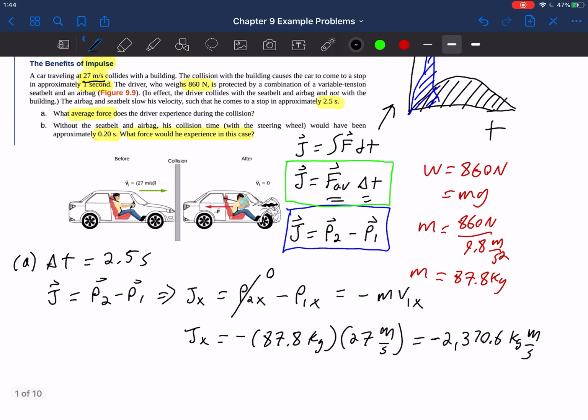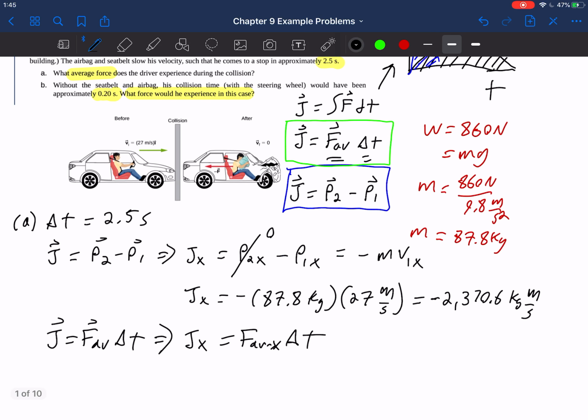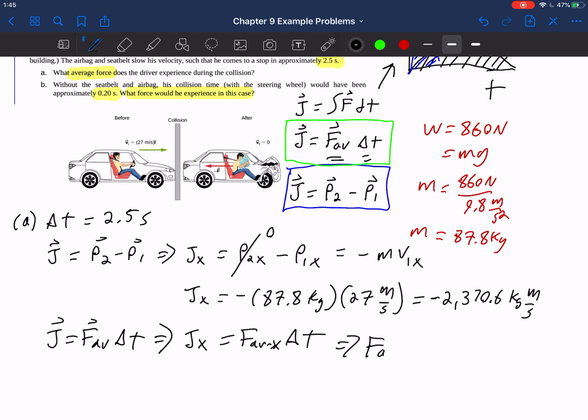Okay, now that we've used the blue equation to figure out our impulse, we can use the green equation to calculate the average force. If we use this equation, and again just go to the x component of our impulse, we can find the average force in the x direction. So the average force in the x direction is just equal to the impulse in the x direction divided by the amount of time in which that force was applied.